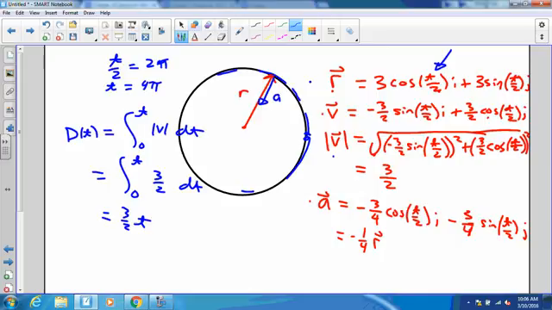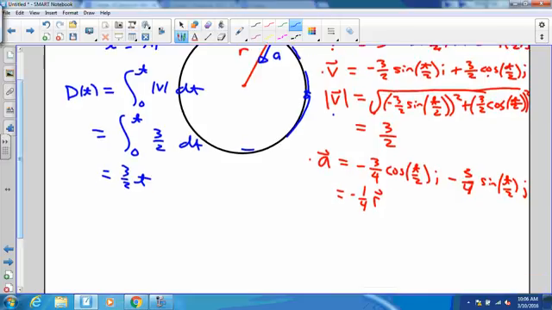Notice that that means that t/2 is going to have to be equal to 2 pi in order to get me all the way back around, so that I've got to travel from t = 0 to t = 4 pi to get one trip around the circle. That means that the distance that I will have traveled once I go all the way around the circle is going to be equal to 6 pi, which is 2 pi times the radius of the circle, the circumference of the circle.